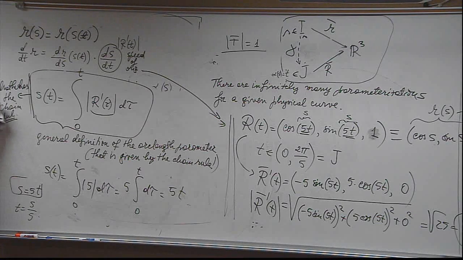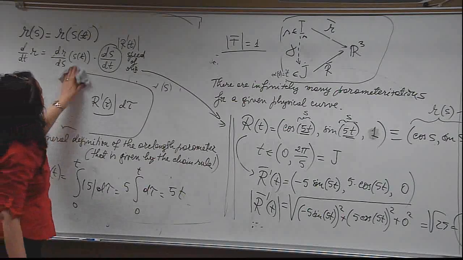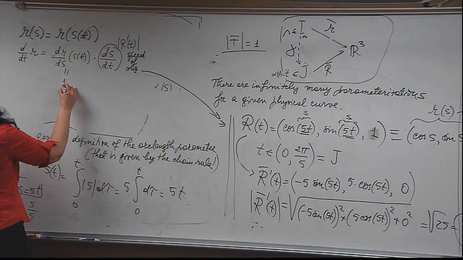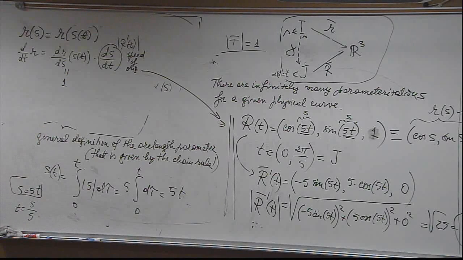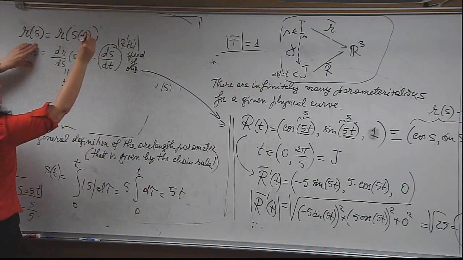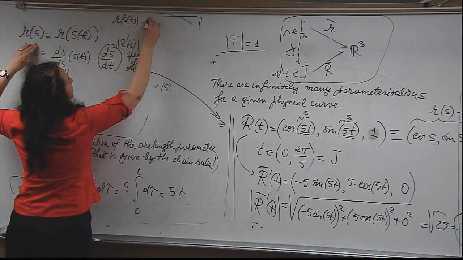All right. So here, when I look at dr/ds, this is simply going to be 1. And if you think of this as a function of t, you have r of s of t. Who is r of s of t? This is big R of t.